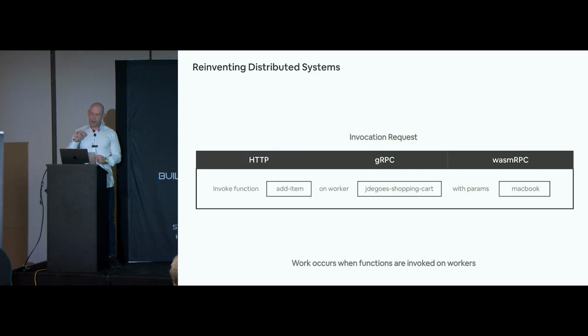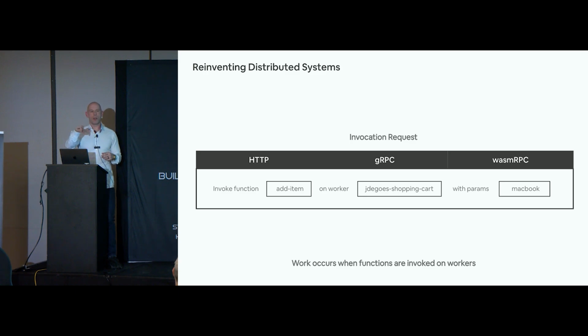And then the fundamental unit that triggers computation in a Golem application is when you try to call an exported function on a certain worker. That's the fundamental trigger in Golem applications.